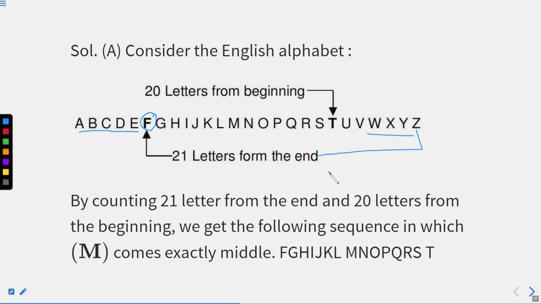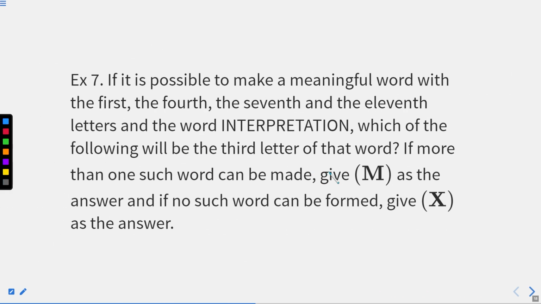Now we'll move to the next question and understand some more concepts. Here, question number 7 comes with a different kind of problem. To understand the problem, first we need to read the question carefully. The question says, if it is possible to make a meaningful word with the first, just mark it, first, 4th, 7th and the 11th letter of the word.